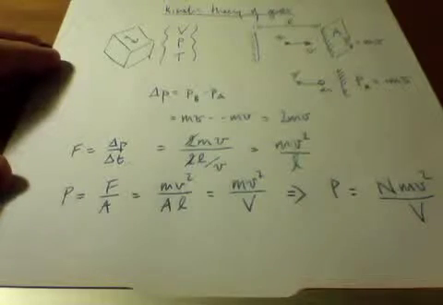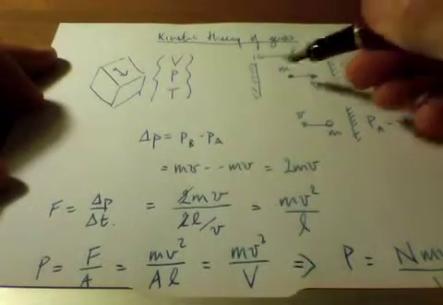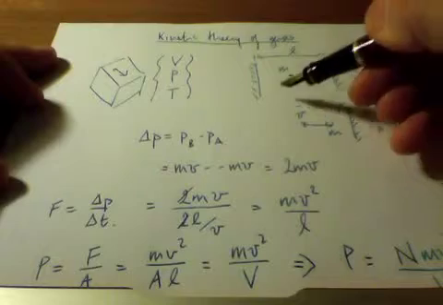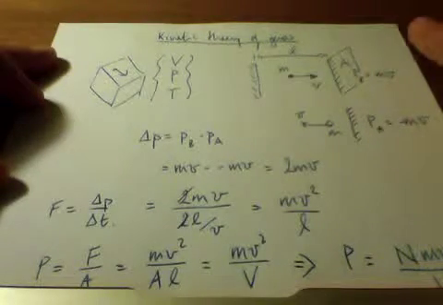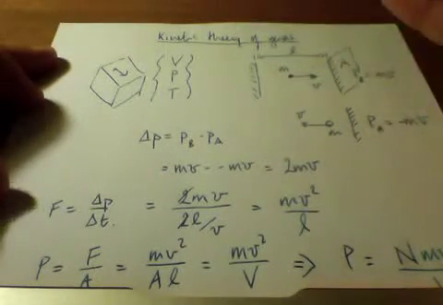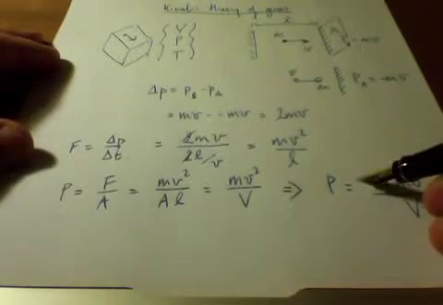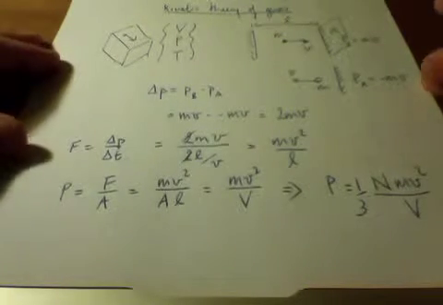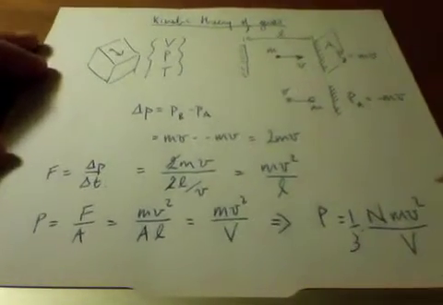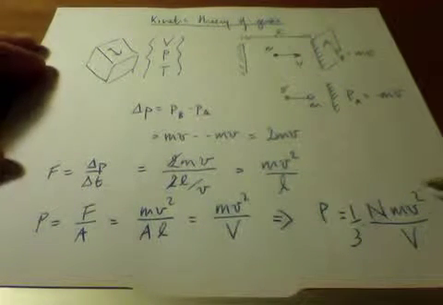And also, we need to assume that this is not just moving in one plane back and forth. There are 3 planes, and with enough particles statistically, a third will be moving in each plane.